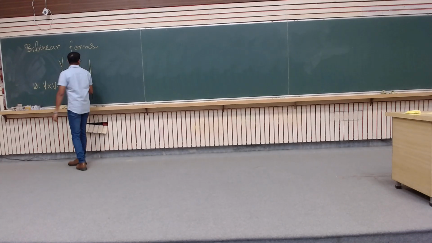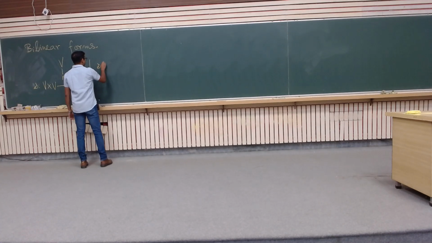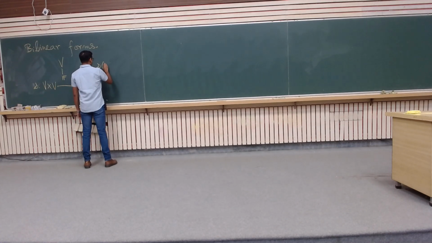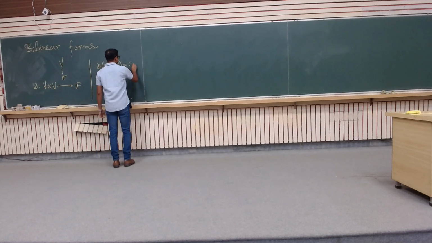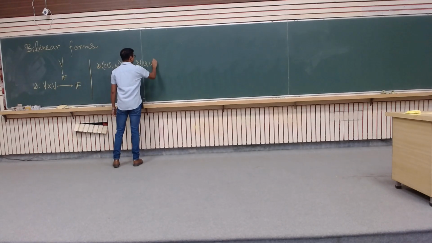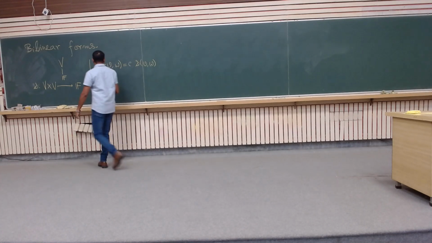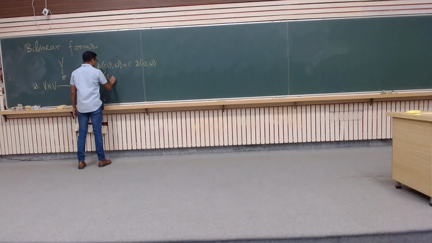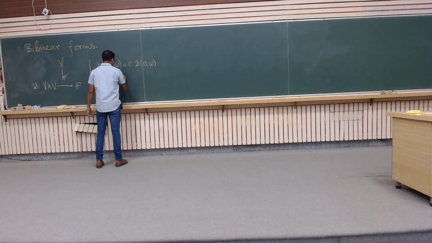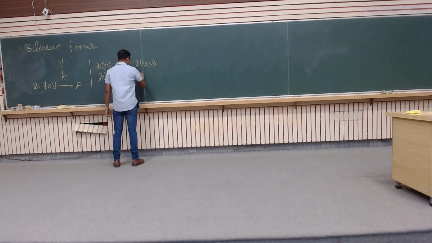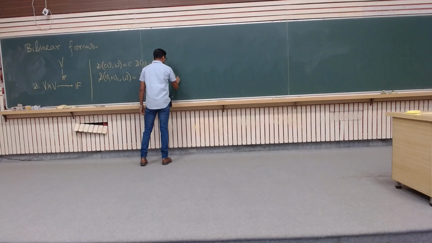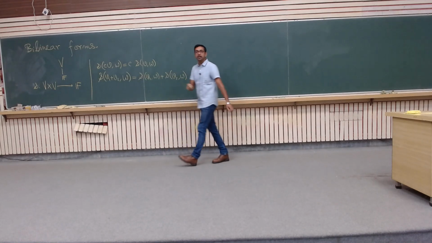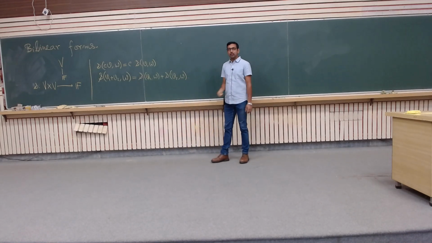That means you have S of C times V and W, with C from F, which will be just C times S of V W. And S of V1 plus V2, two vectors from V, and another vector W from V, would be just S of V1 W plus S of V2 W. And the same for the second variable as well.